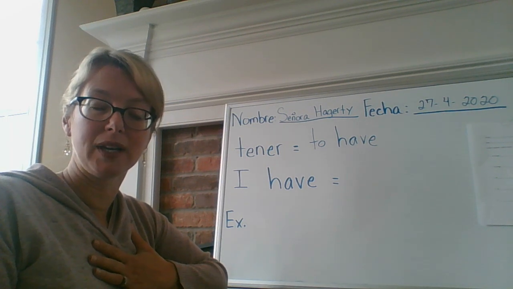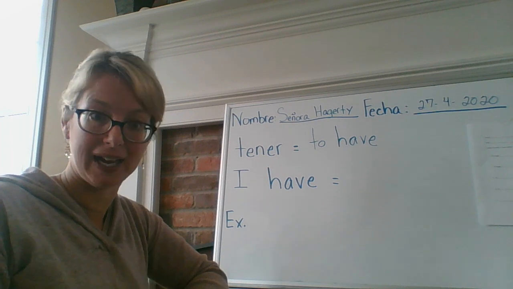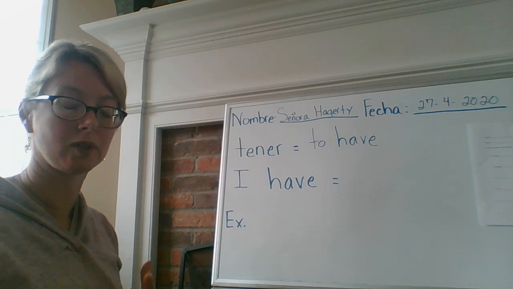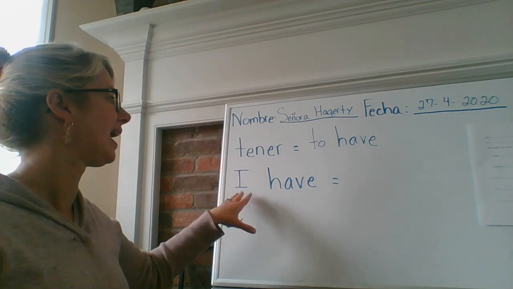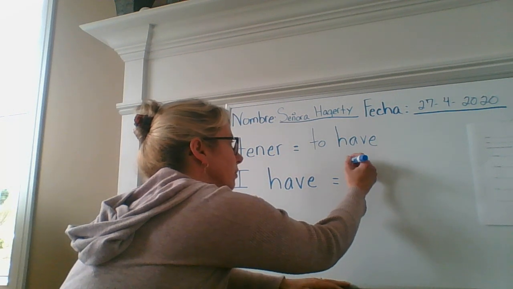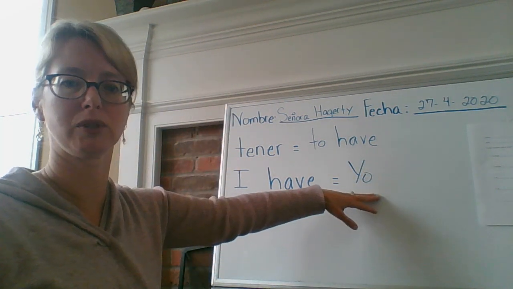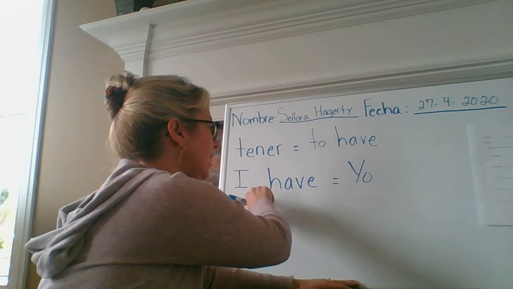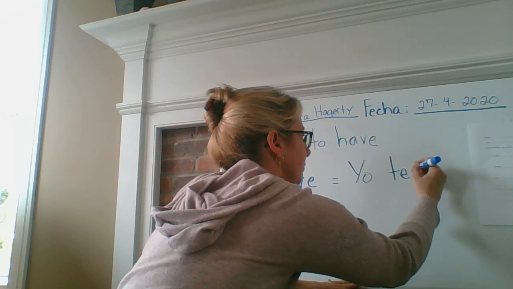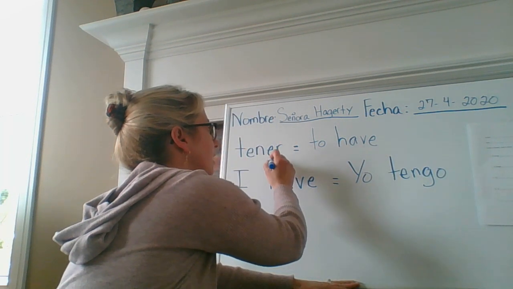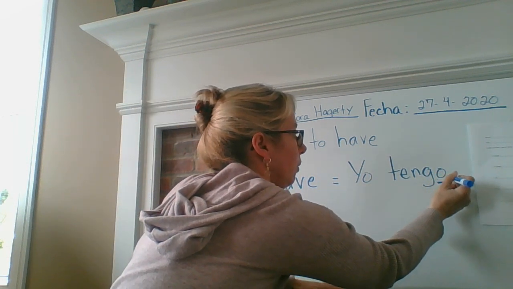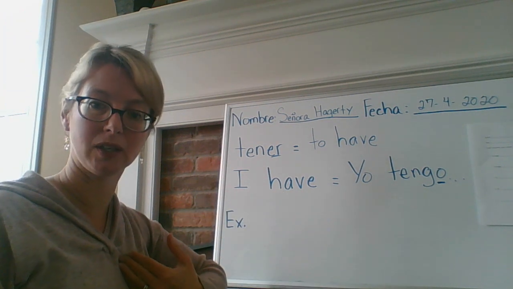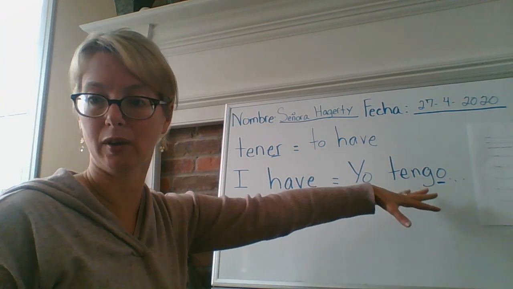If you want to write a sentence in Spanish and say, I have something, you need to conjugate that for the pronoun of I. If you want to say, I have, this word yo, Y-O, which in Spanish-speaking countries they usually say yo or yo, which is I, and tengo, so you're getting rid of the ER and changing it to O, that will mean I have. So to say I have in Spanish, you say yo tengo.